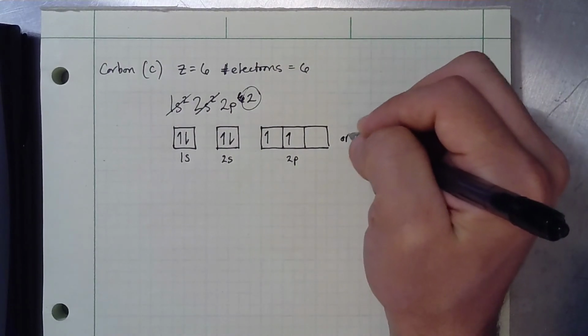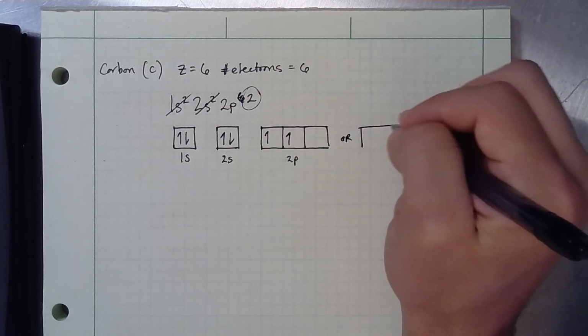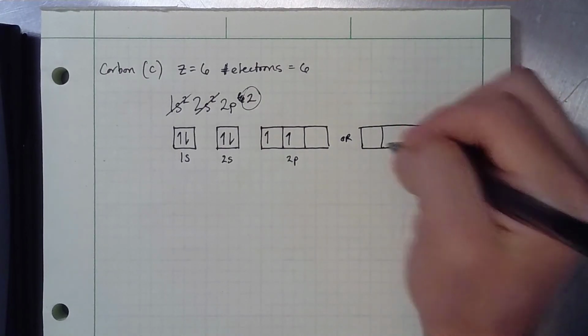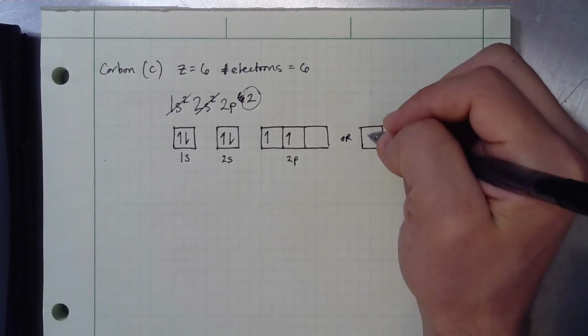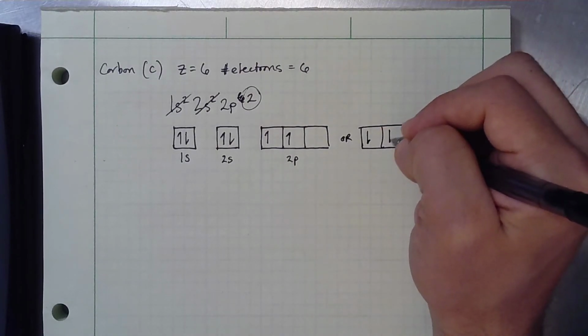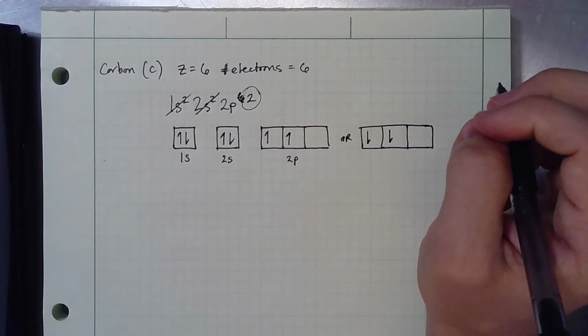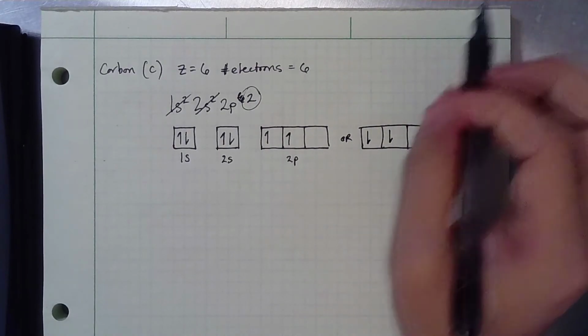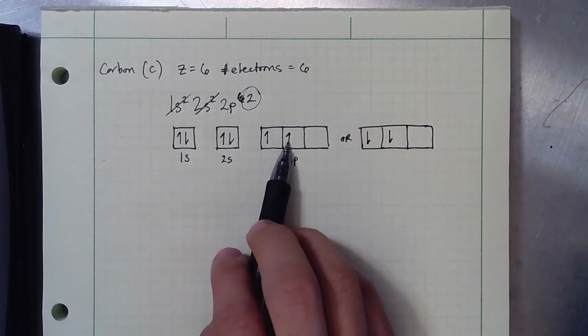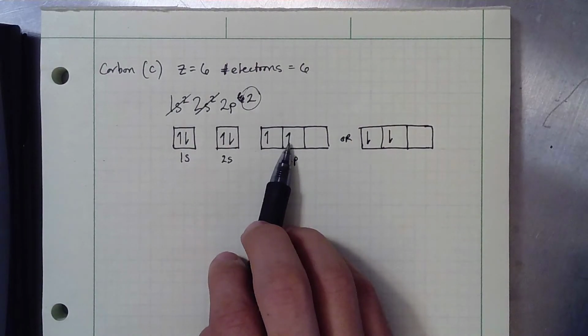Or, and this is completely valid, what I could do is this. I could do down arrows first. It doesn't really matter. What is important is that I have these 2 electrons in separate spots.